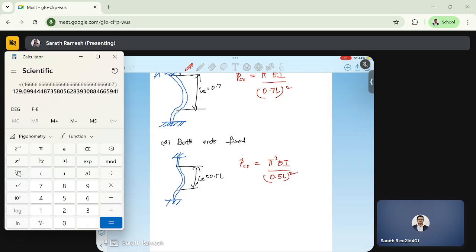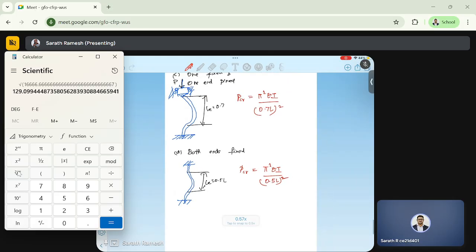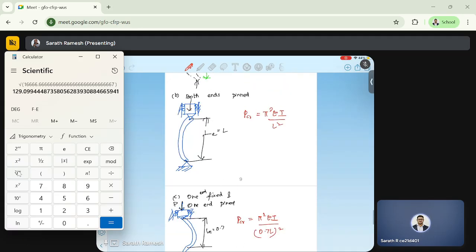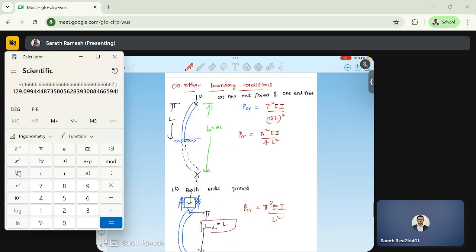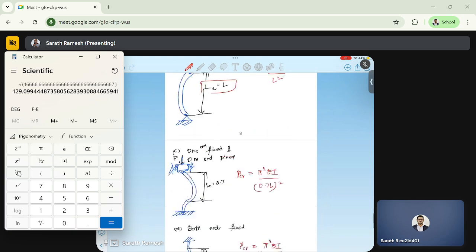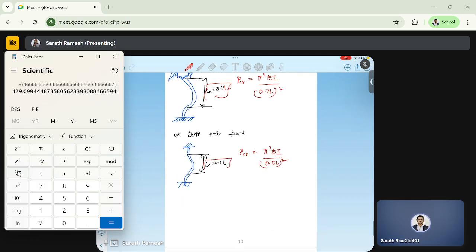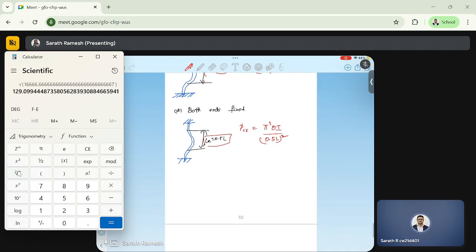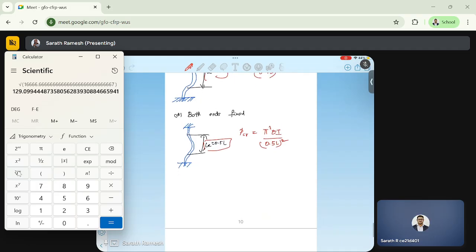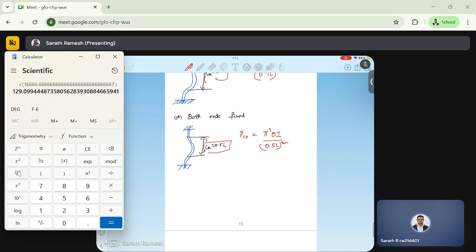Okay, these formulas we need to know. Only thing LE matters: 0.7 L here and 0.5 L here. Okay, now let's see a problem based on this particular topic.